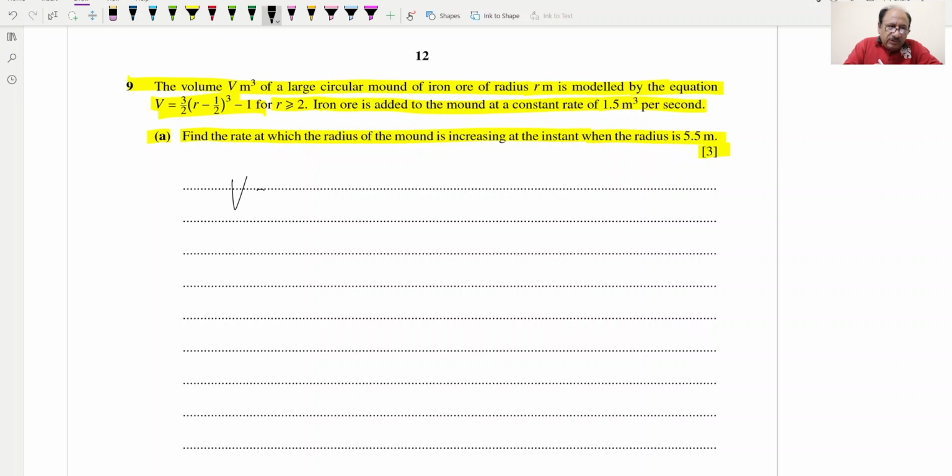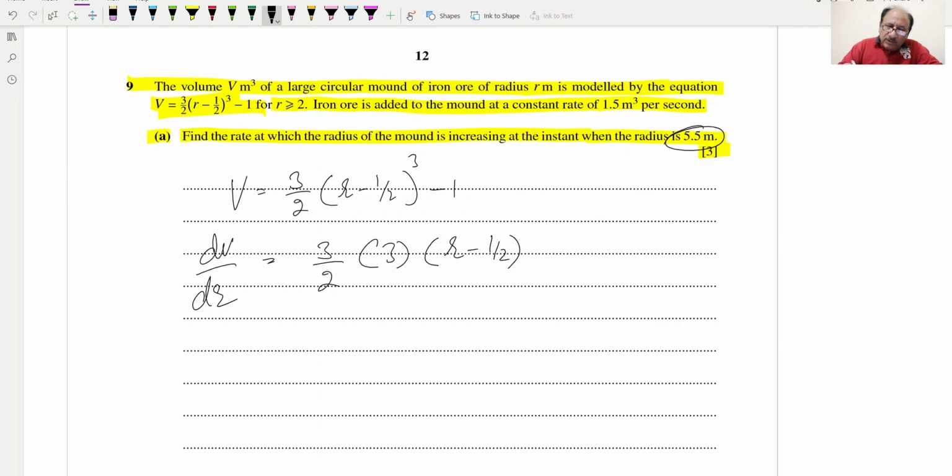So the given equation is V is equal to 3 by 2 into (r minus 1 by 2) raised to the power 3, and radius given is 5.5, so we can find dV over dr. Derivative of this will be 3 by 2, and then this power will be pulled first, so into 3 into (r minus 1 by 2) raised to the power 3 minus 1, which will be 2, and the derivative of the constant will be 0.